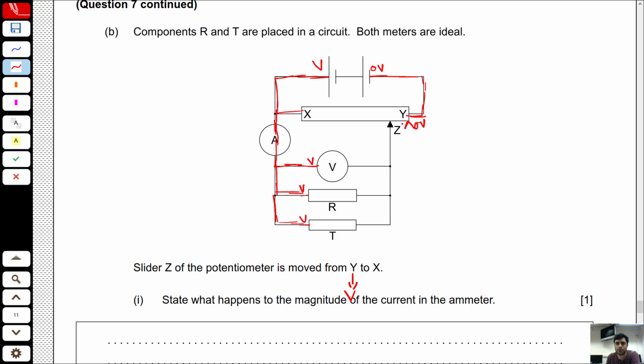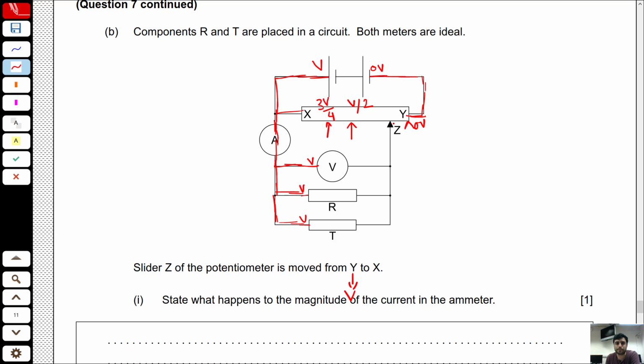As we move the pointer Z toward X, for example, when the pointer becomes here, then we will receive half the voltage. So it won't be 0 anymore, it will be V divided by 2 here. As we move closer to X, it might become even bigger, maybe 3/4 of V. And so it's increasing.